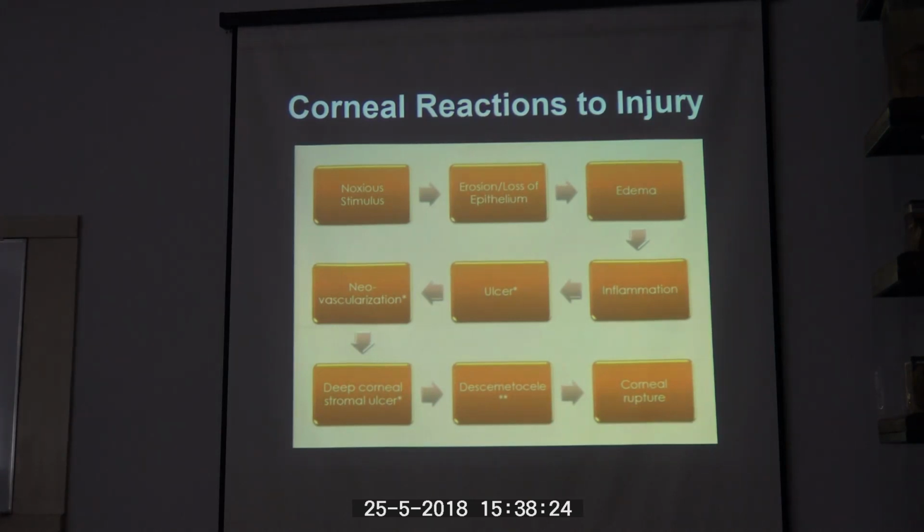If that problem persists, you may end up with a deep corneal stromal ulcer to the point of eventually losing all the stroma, where all that may remain is the Descemet's membrane, that thin membrane that you have on the inner aspect of the cornea, and then you're really just one step away from corneal rupture. And at that point, you pretty much lose the eye.